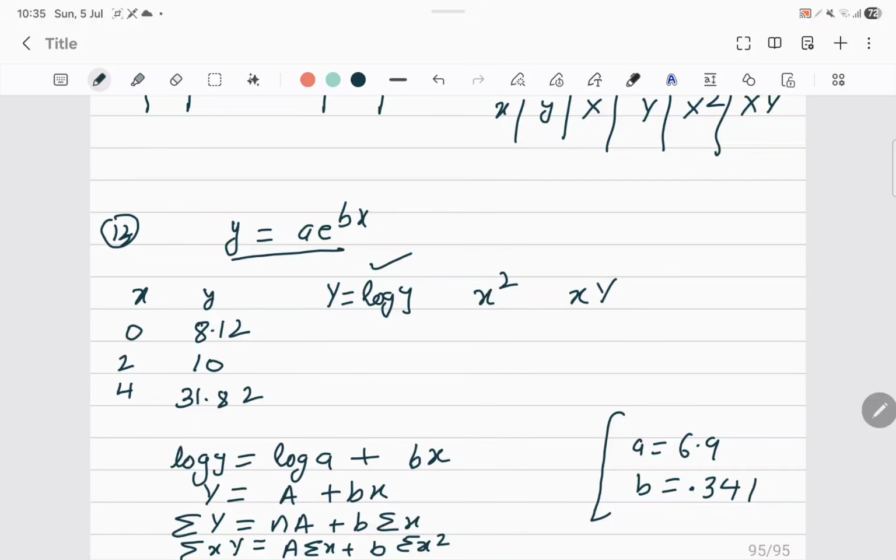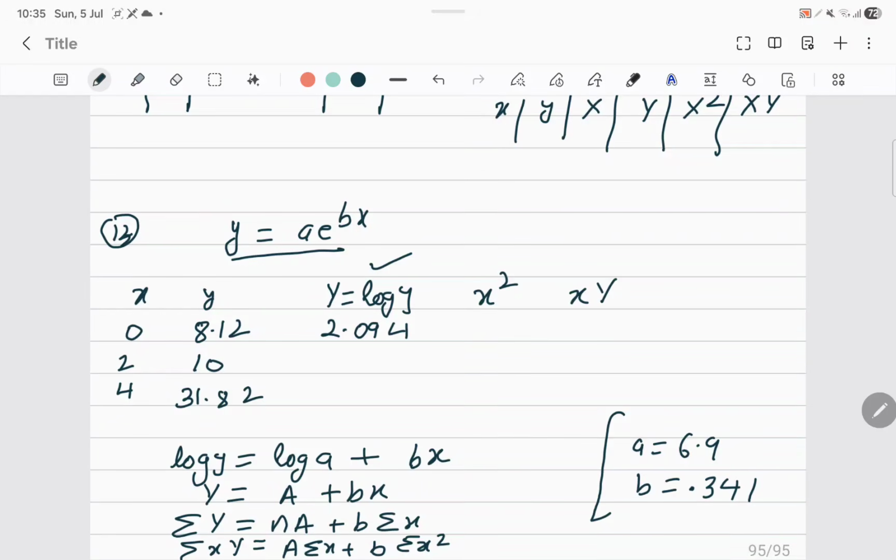So what I'll do, I'll do shift log 8.12, that is equal to 2.09.